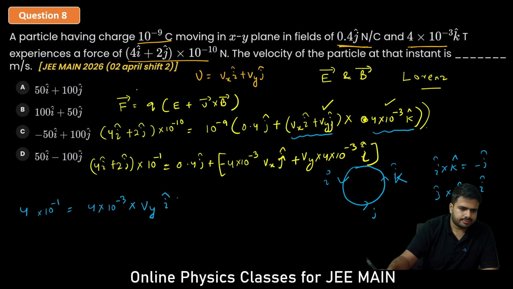The 4s get cancelled, and taking 10 to the minus 3 to this side, Vy we are getting as 10 to the power 2, that is 100.